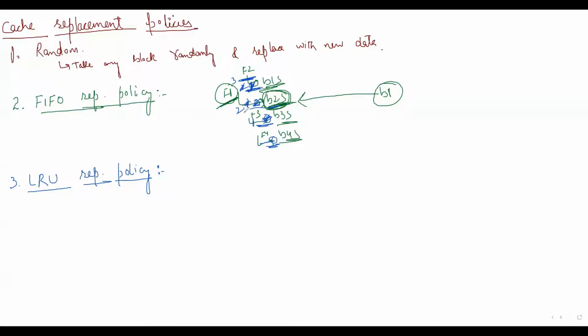Now if I have to do the replacement, I can easily check from these values which one is the first in block. Based on the largest value of these, that one was the block that came at the beginning, and here this one is that particular block, the block with value 3.